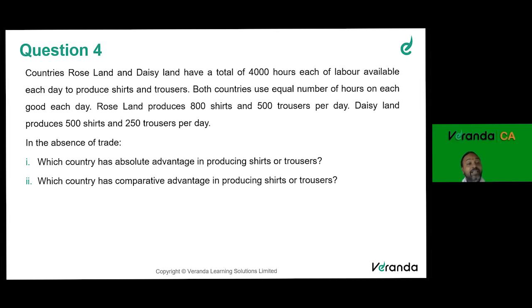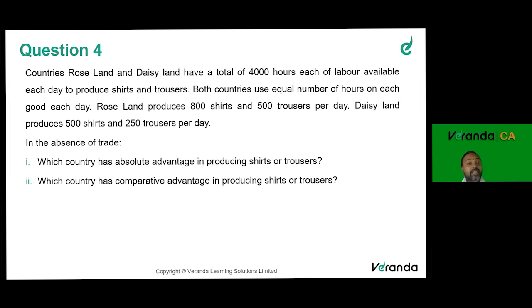And then next comes, which country has the comparative advantage in producing shirts or trousers? If you look into the comparative advantage, imagine a country can produce only shirts, or only trousers. If you are planning to have all the shirts, instead of this 250 trousers, can I make the entire 500 shirts?